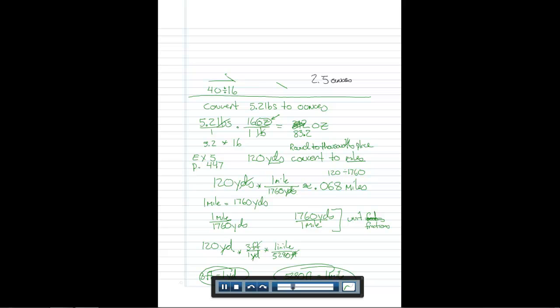And they're going to multiply or divide by 3, multiply, or multiply or divide by 5,280, divide. So if they type in 120 times 3, divide by 5,280, lo and behold, they get the same decimal that we did.